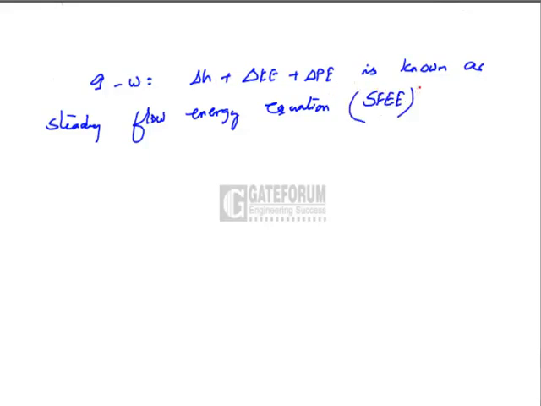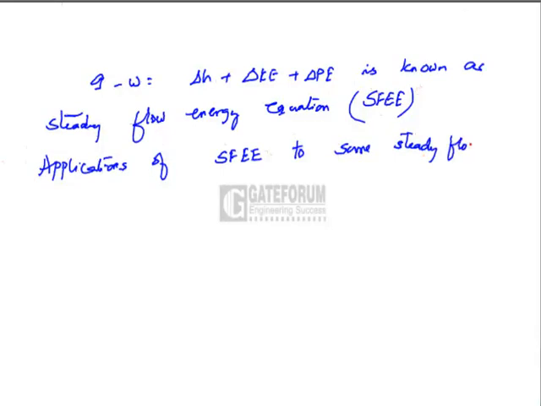Very prominent equation of first law of thermodynamics applied to any steady flow open system. Now let us see the applications of steady flow energy equation, that is SFEE, to some steady flow open systems.